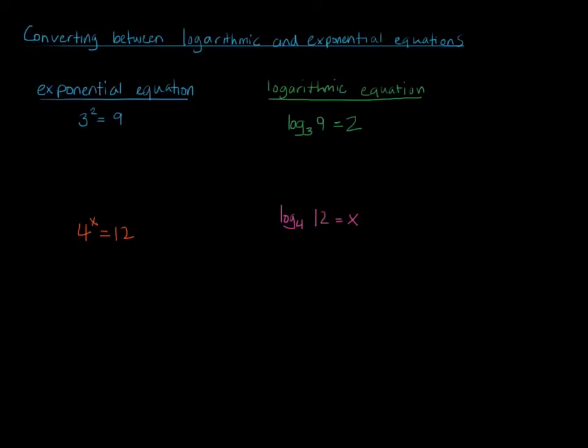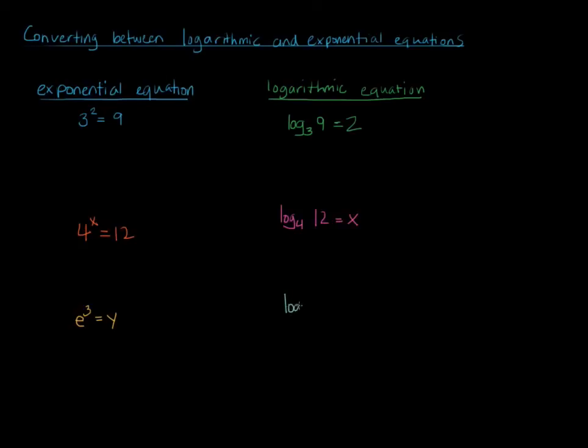Okay, I actually want to try one more. What if we had e to the third equals y? How could we change that into a logarithmic equation? Log always has a base, right?